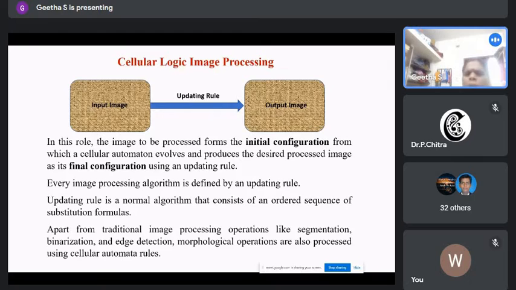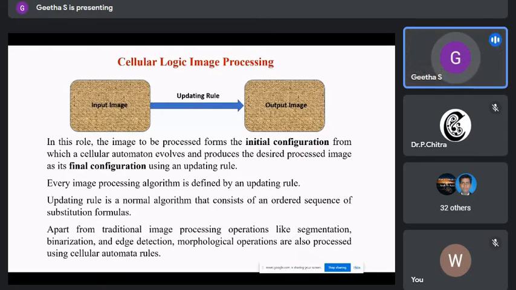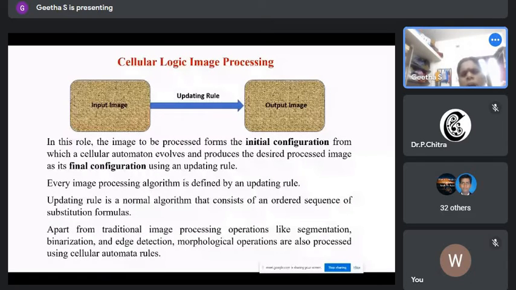Already we have studied 3 neighborhood, 5 neighborhood, 7 neighborhood, and then 9 neighborhood. Whatever it is, you have to apply any one of the neighborhood values. First of all, you have to set the given images. After that, the cellular automaton produces the desired processed image, giving the final configuration, using the updating rule. So this is the major important meaning of cellular logic image processing.